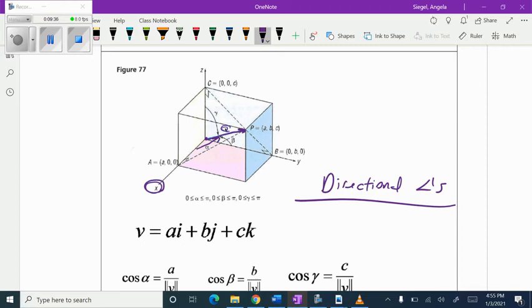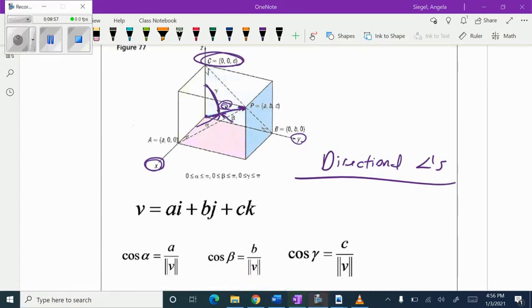The directional angle that is formed between Y and the vector V is this angle beta. And likewise, the directional angle that's formed between the Z axis and vector V is this directional angle gamma.